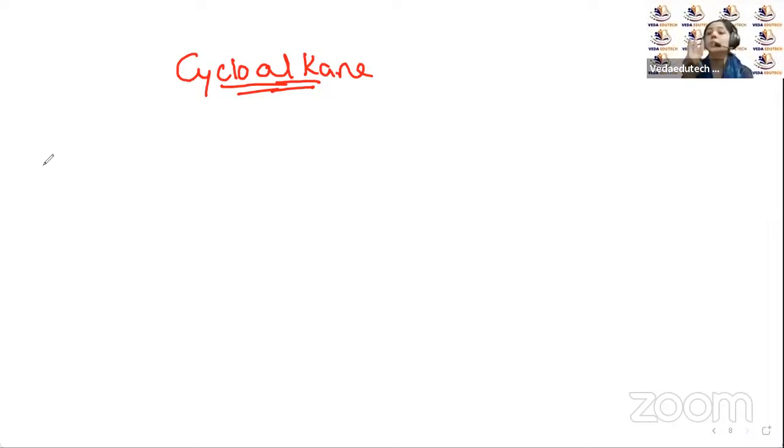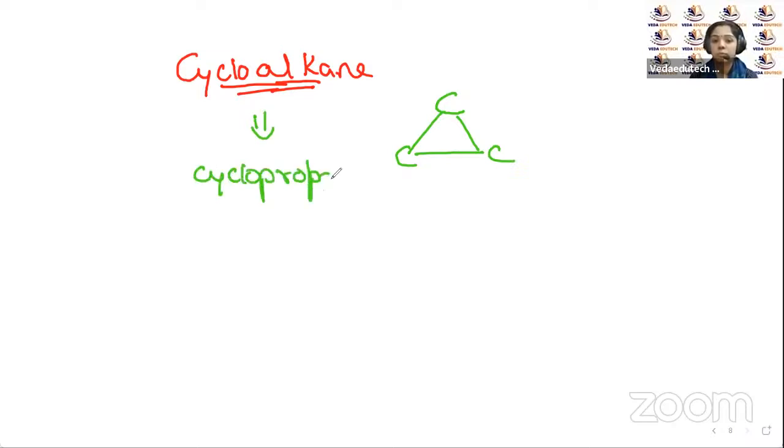So this will start with 3 carbon atoms, because with 1 or 2 carbon atoms, I cannot form a ring structure, but with 3 carbons, we can make a ring. So cycloalkanes will always start with cyclopropane, having 3 carbons. Other than that, we cannot form a ring.